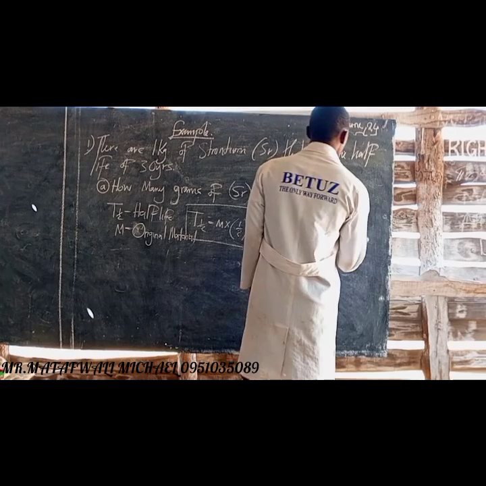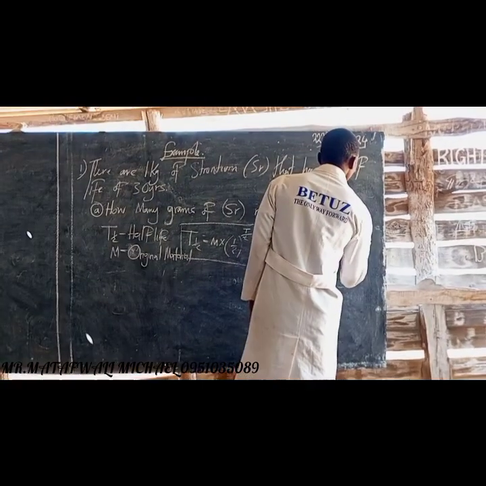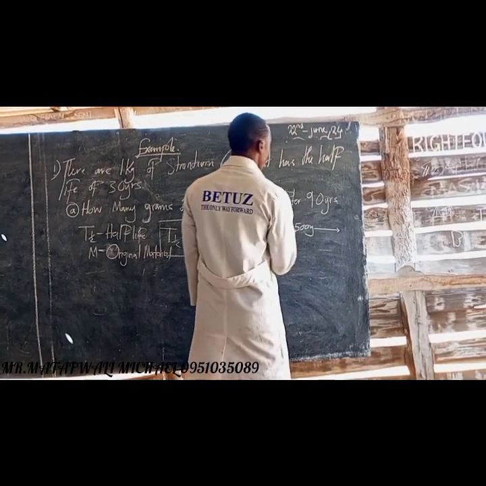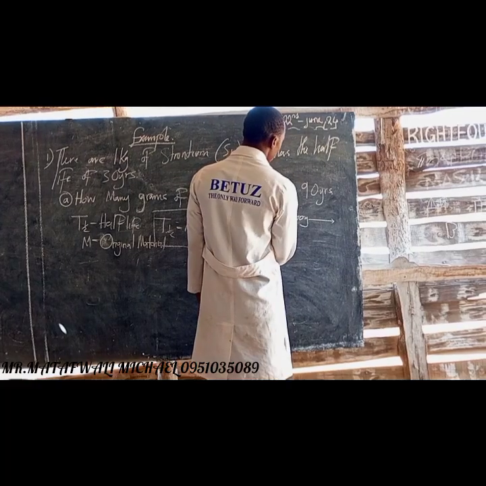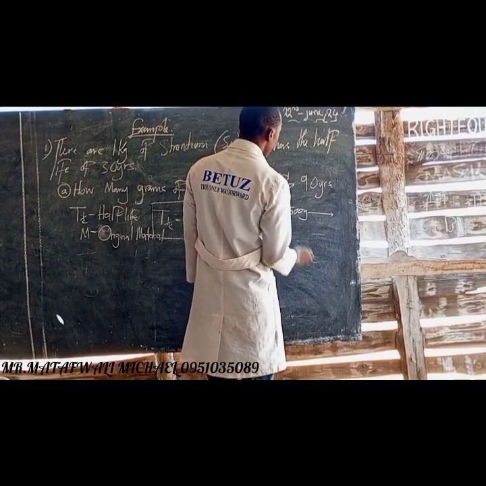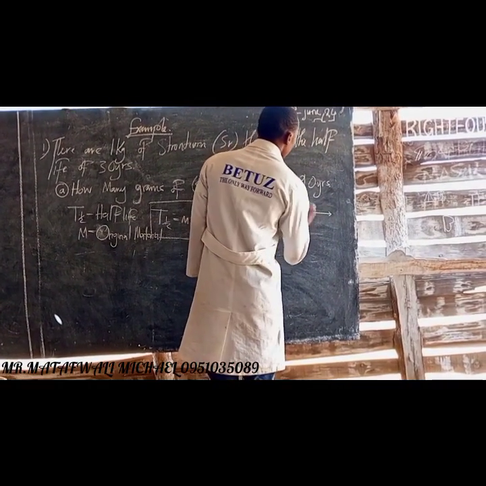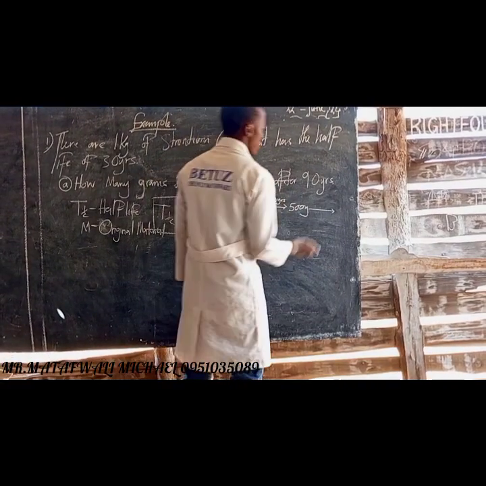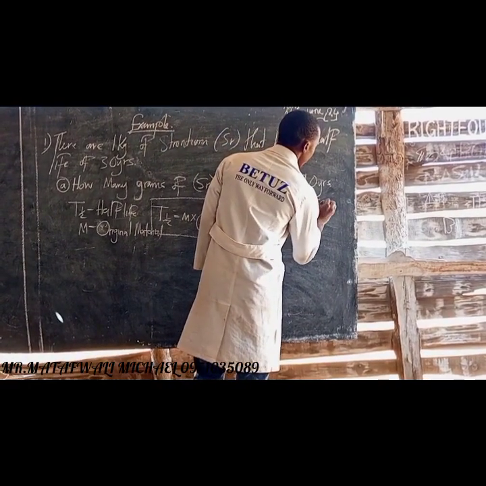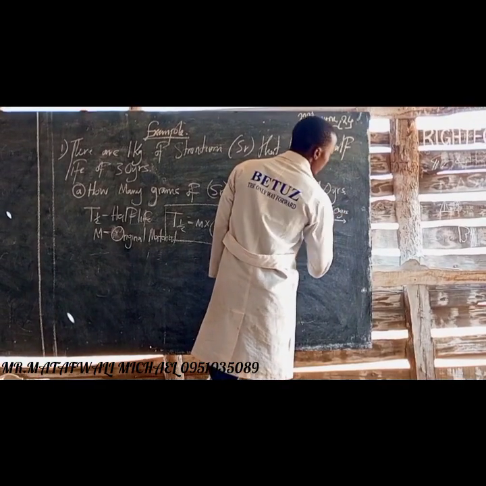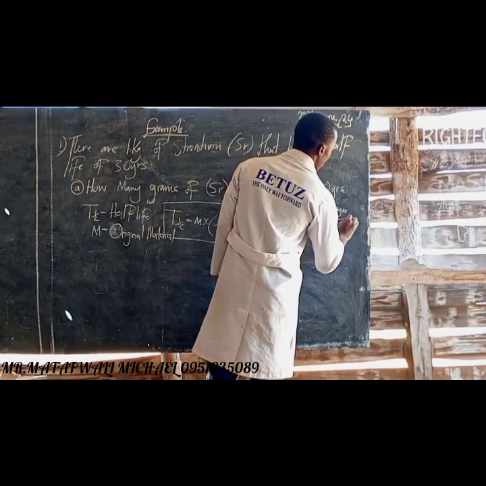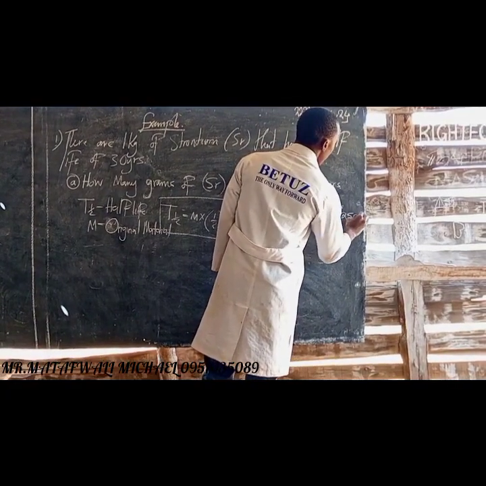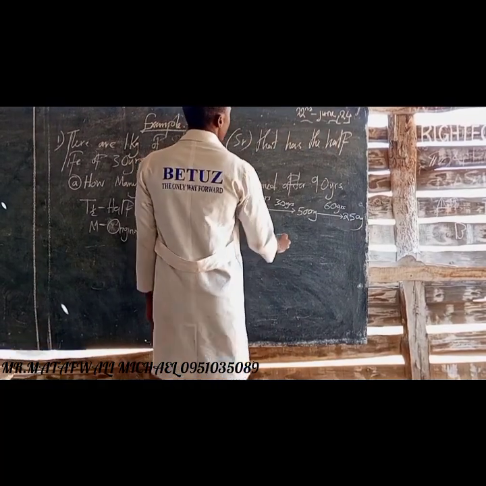grams. Then after again undergoing radioactive decay of another 30 years, we add 30 years to this 30 years and we have 60 years. Then here it will be 250 grams.